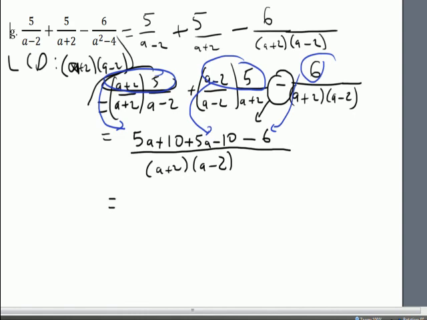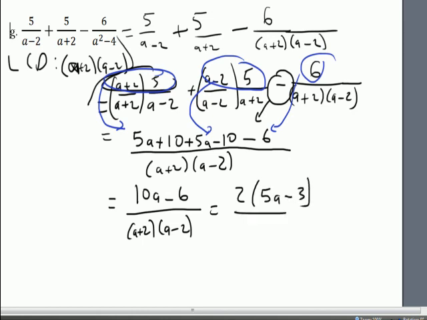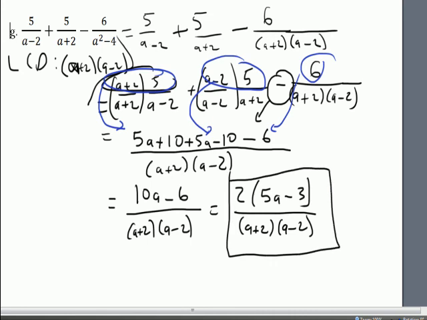Combining like terms in the numerator, 5a plus 5a is 10a. Plus 10 minus 10, that's 0, minus 6, all over the common denominator of a plus 2 times a minus 2. I have a common factor of 2 in the numerator, 2 times 5a minus 3, all over a plus 2 times a minus 2. Don't see anything in common. That's as simple as this can get.